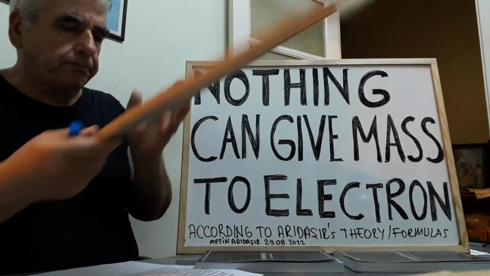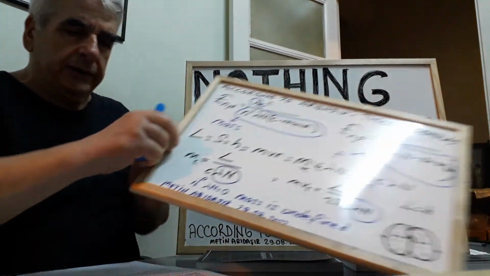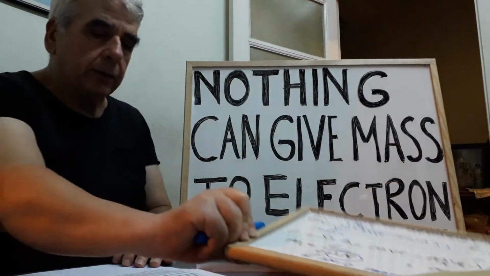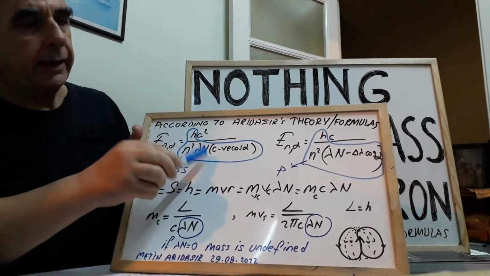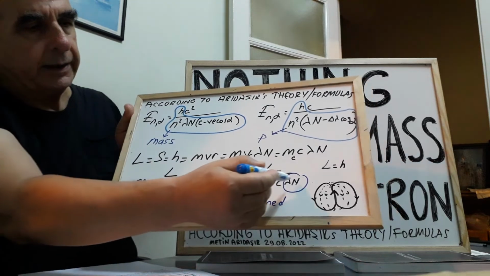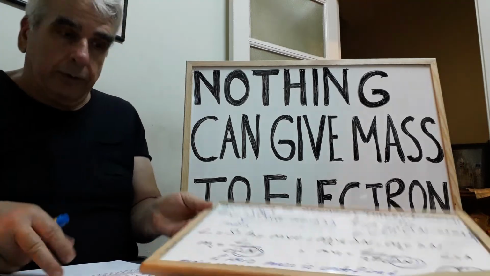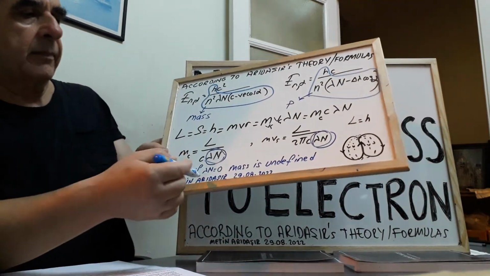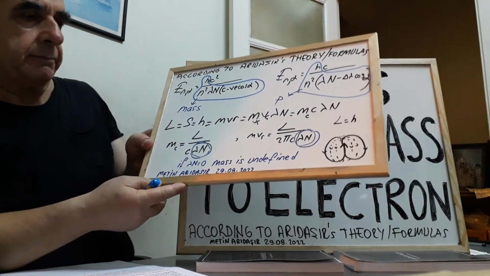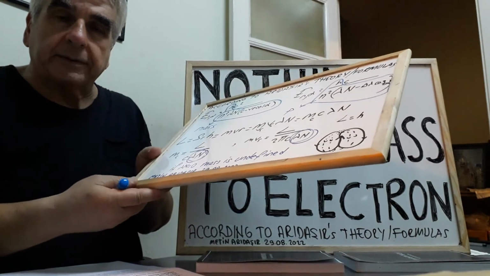Now, mass and momentum can be derived from my energy formulas. Then, if initial wavelength lambda n is 0, mass is undefined. You cannot define the mass.